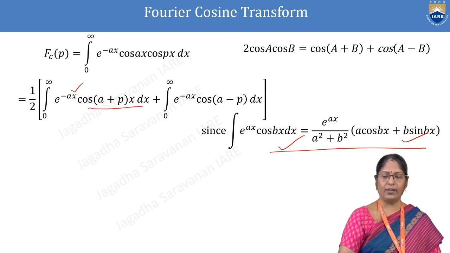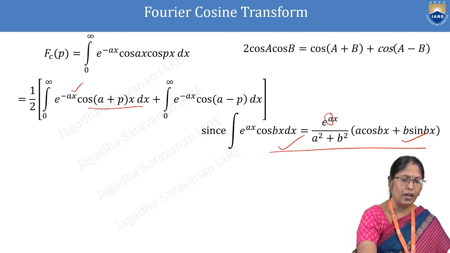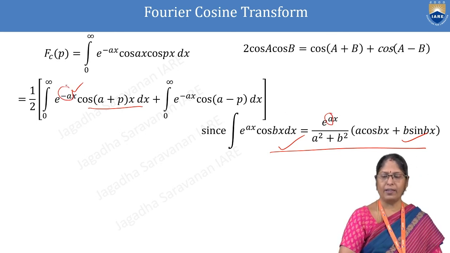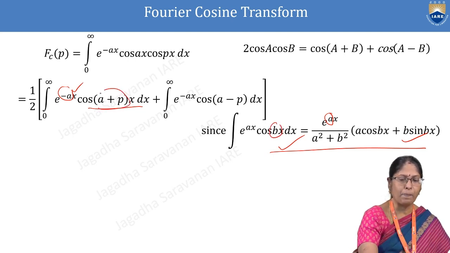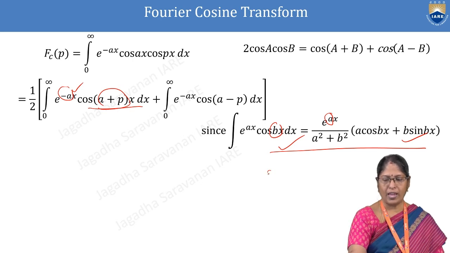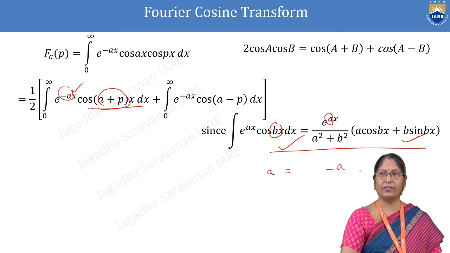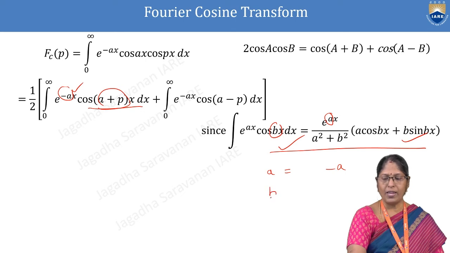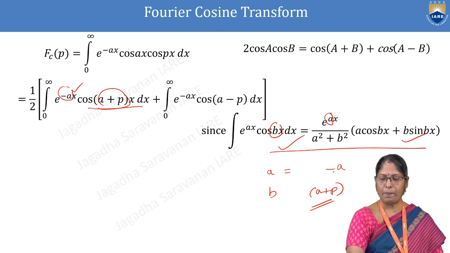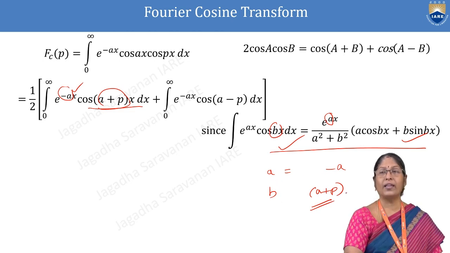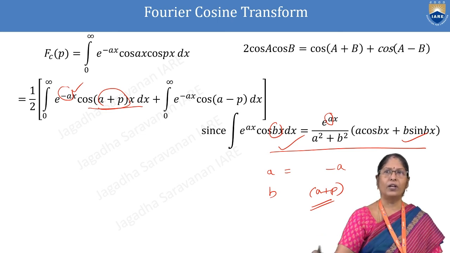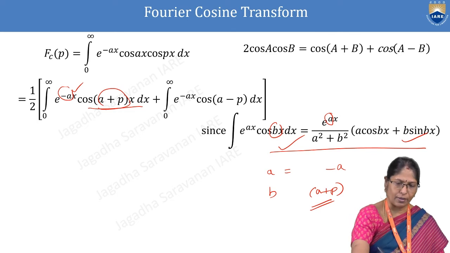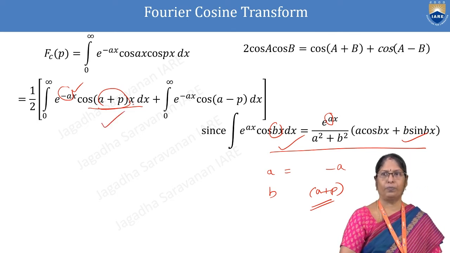In the formula, a means our problem is minus a, and b is a plus p. So a is minus a, and b is playing the role of a plus p. Keeping that in our mind, we will do the integration.